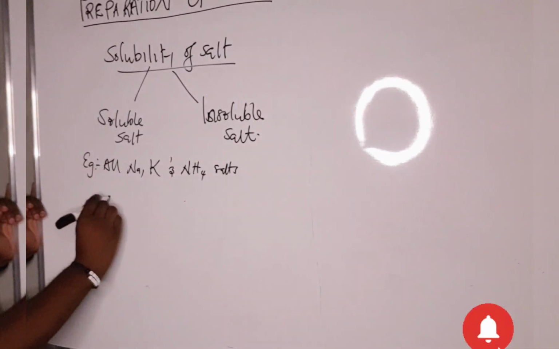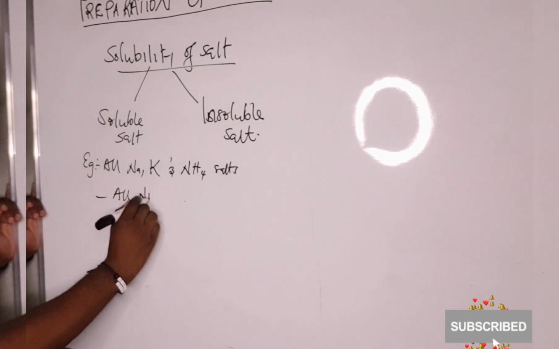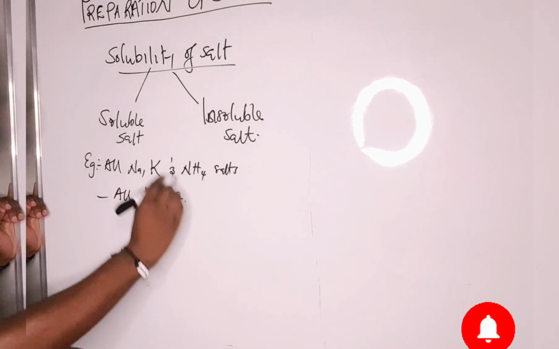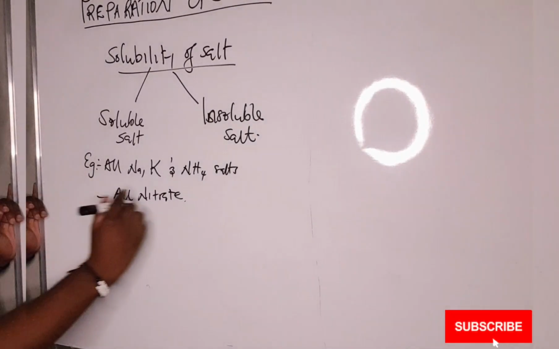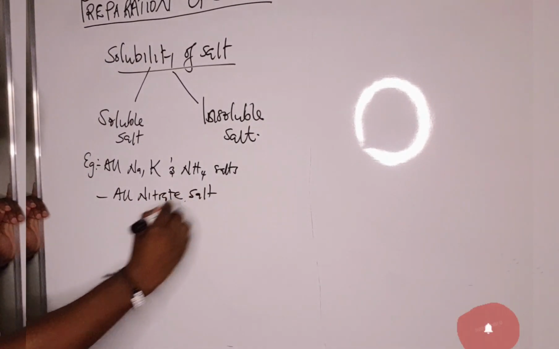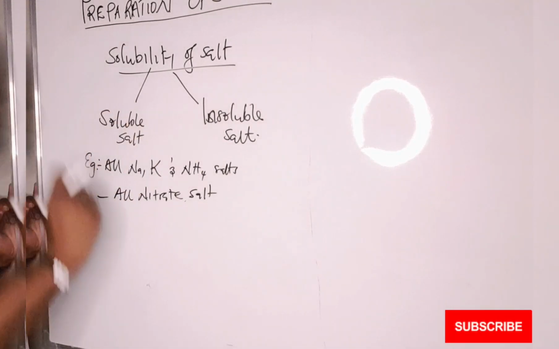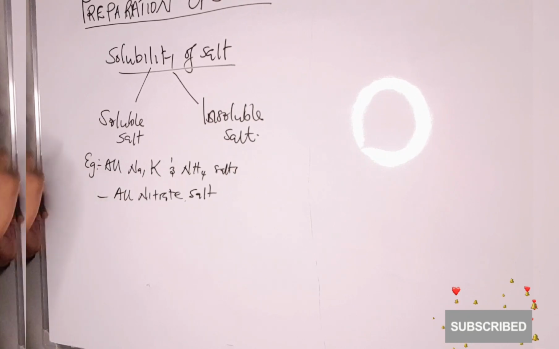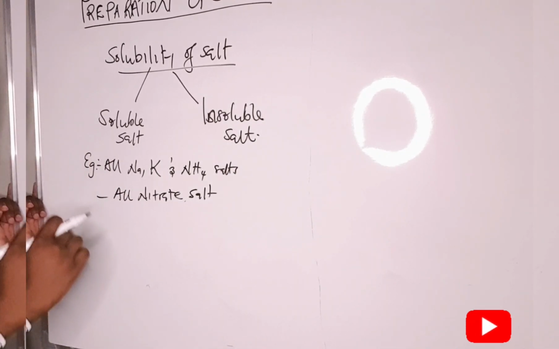Another example is that all the nitrate salts are also soluble. Sodium nitrate, potassium nitrate, ammonium nitrate, all the nitrate salts are soluble.